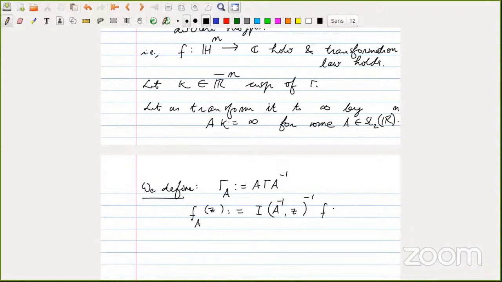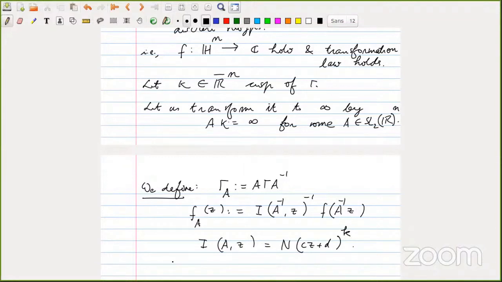So it calls for a need to define this new function f A, where j of A z is again N of cz plus d to the power of k.